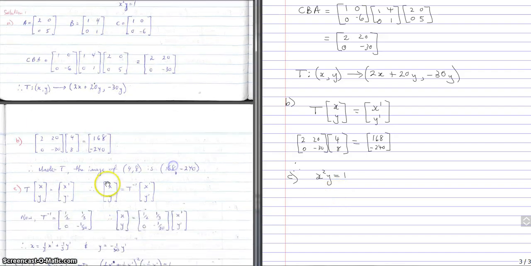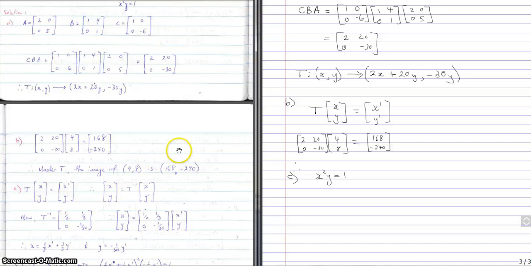You'll remember T times our original point is (x', y'). That means that (x, y), our original, will be equal to the inverse of the transformation T multiplied by (x', y'). And this is the process we go through when we are trying to find the image curve.